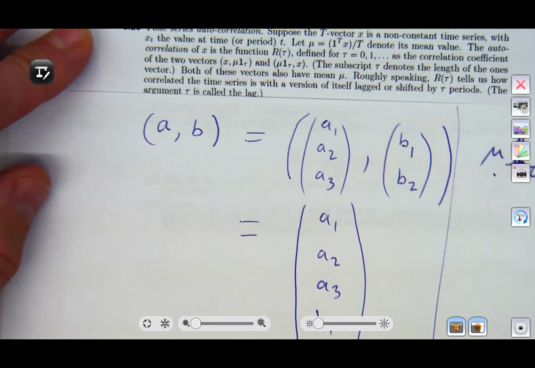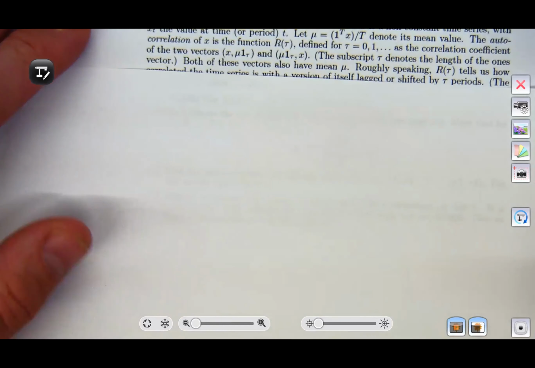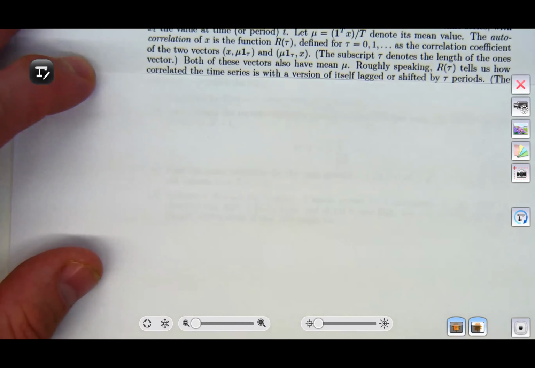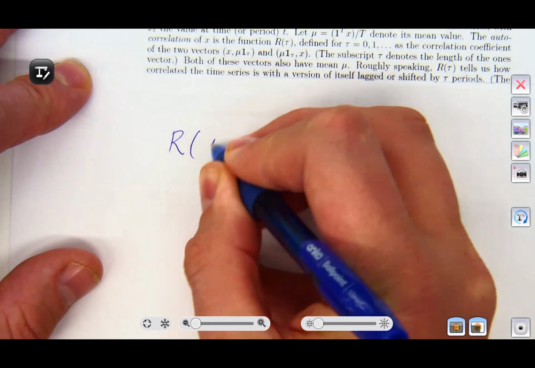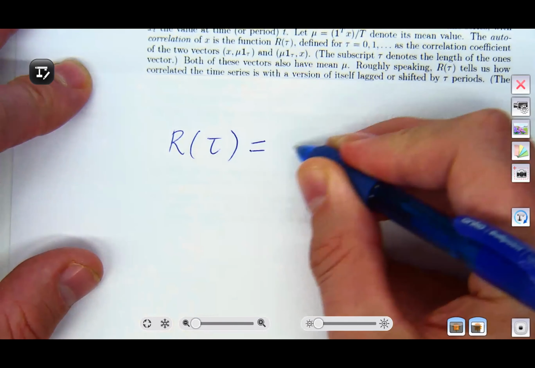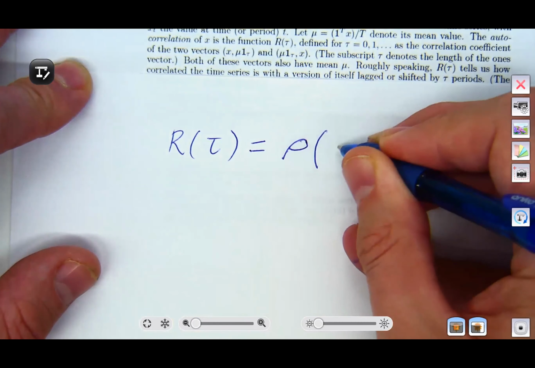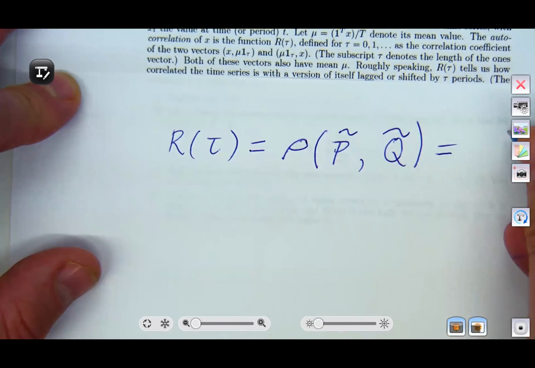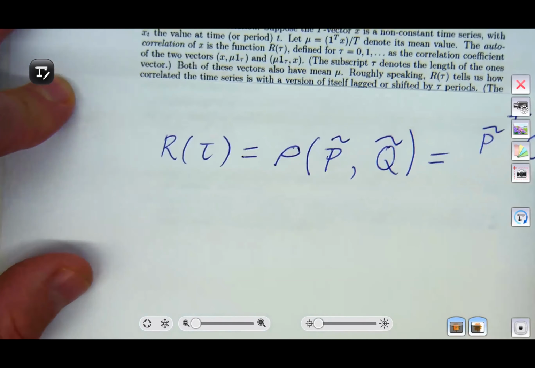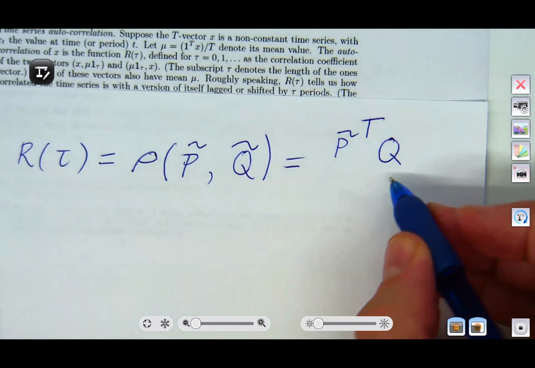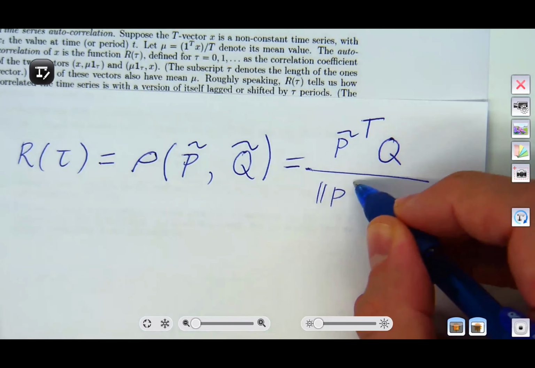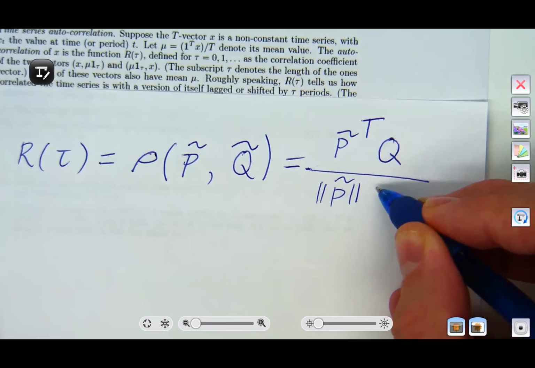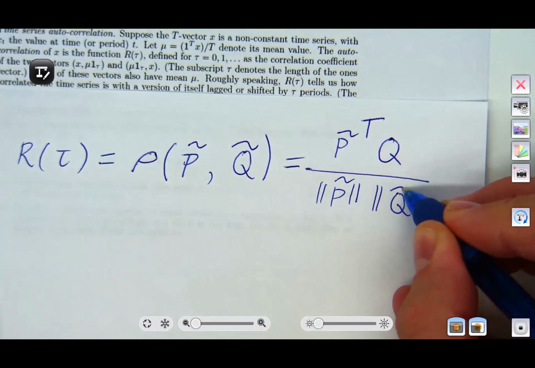Now that we know those, we need next the definition of R of tau. Basically R of tau is equal to rho of, say, P tilde, Q tilde, which is equal to P tilde transposed Q tilde over the norm of P tilde times the norm of Q tilde.